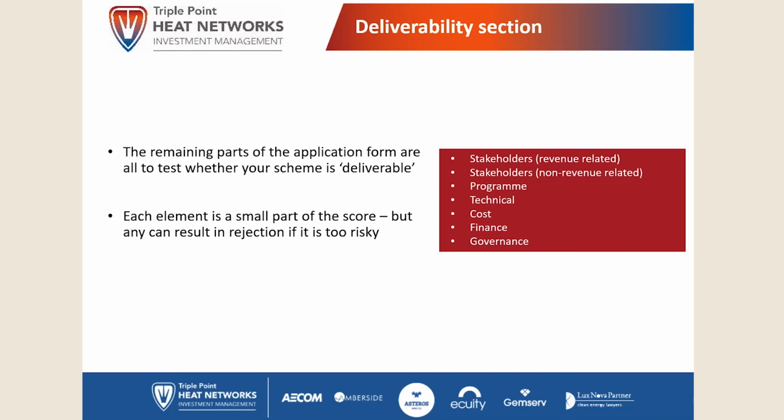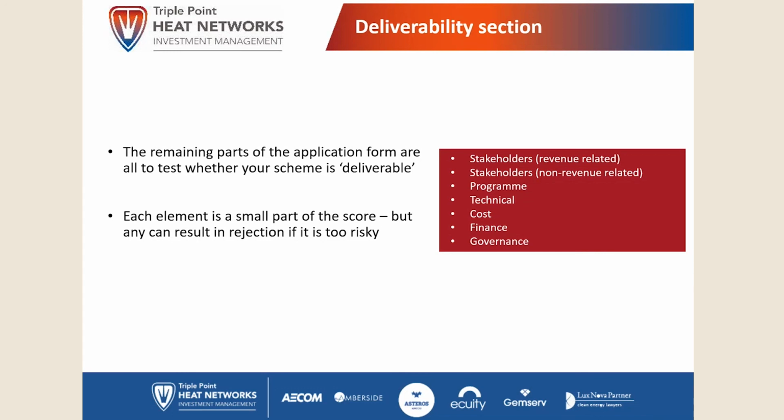So again, the more information we have, the better. But we understand that the level of detail available for any given application will depend on where the applicant is in the development process.